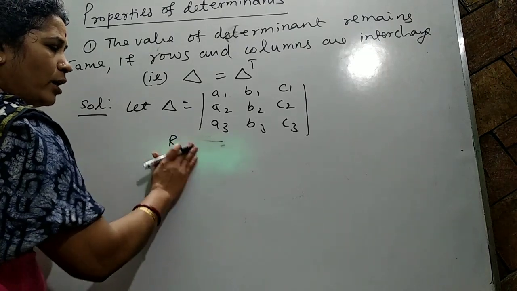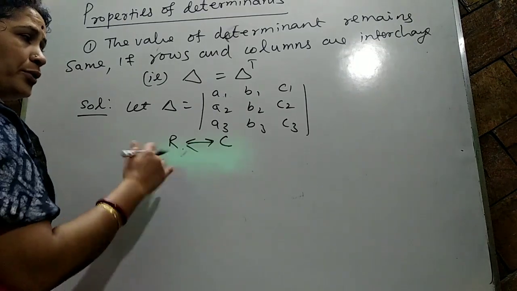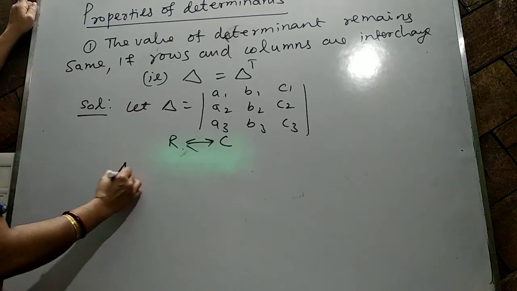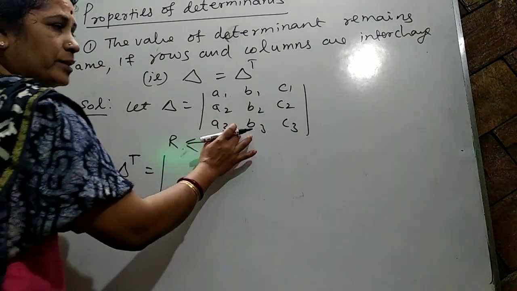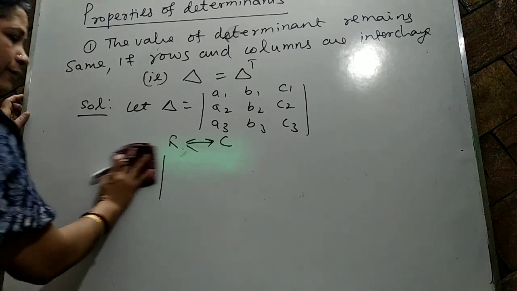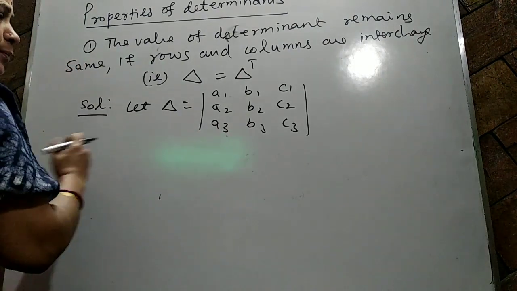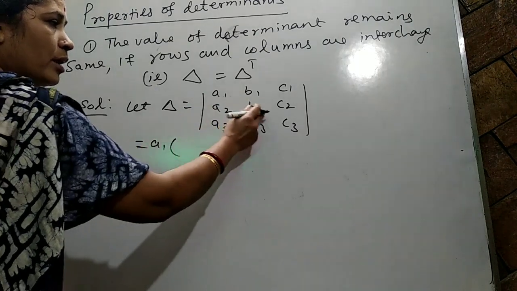That is, row and column I am interchanging. Row goes to columns and the column comes to rows. I am taking the complete transpose. Now delta transpose equal to, if I interchange, first you open this, then we can do it. Open the bracket, A1 into multiplication.